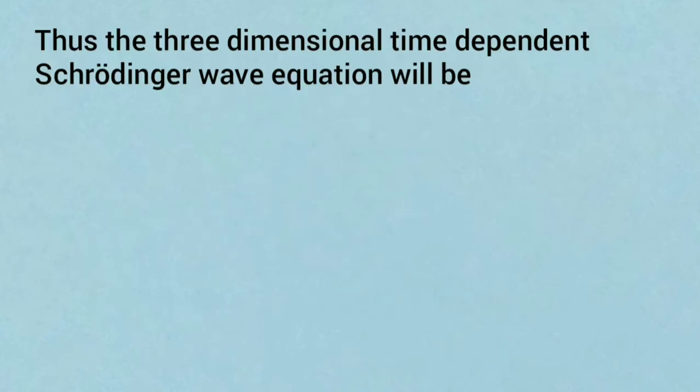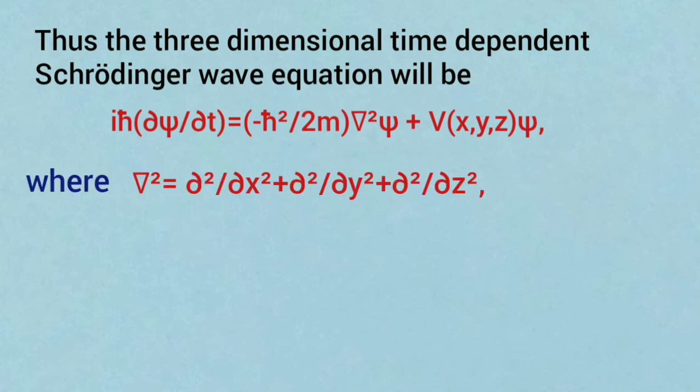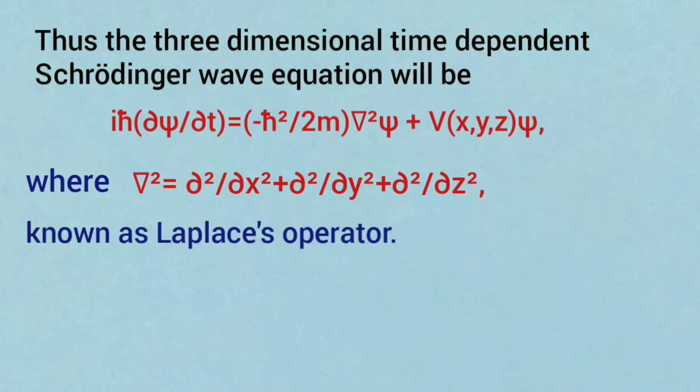Thus, the three-dimensional time-dependent Schrödinger wave equation will be i h bar del psi by del t equal to minus h bar squared by 2m nabla squared psi plus V of x,y,z psi, where nabla squared equal to del squared by del x squared plus del squared by del y squared plus del squared by del z squared, known as Laplace's operator.